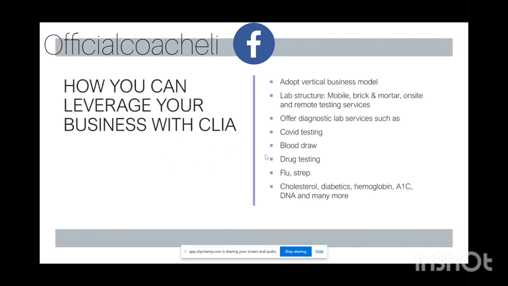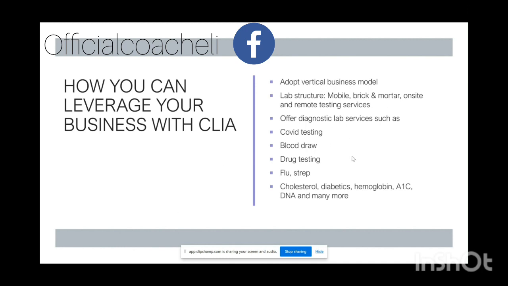So how you can leverage your business with CLIA. The majority of you might be in another business such as home care or fingerprinting or just doing DNA or drug testing only, but you would like to offer most of the services on this agenda or list.